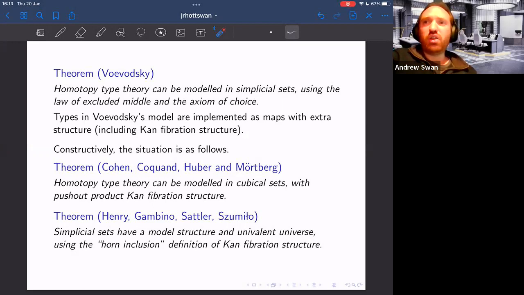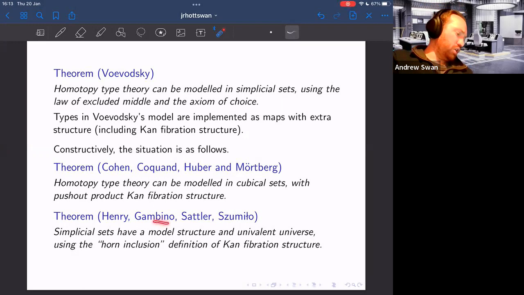In particular, they use simplicial sets, just like Kan and Quillen and all those people did. And I think it's still open whether you can get a model of type theory this way, but there's a lot of stuff they can do.